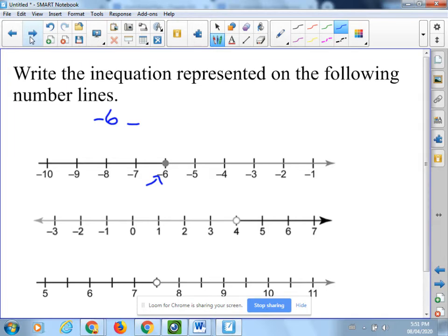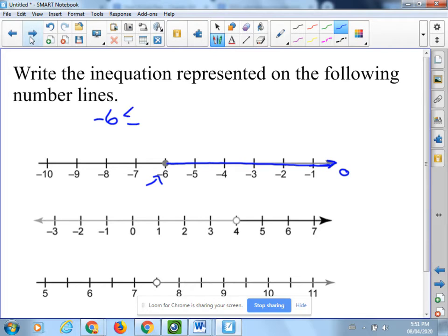Now it's somewhat hard for me to see here, but you can see that my arrow is going this direction, towards the 0, which means that the possible answers are all bigger than -6.